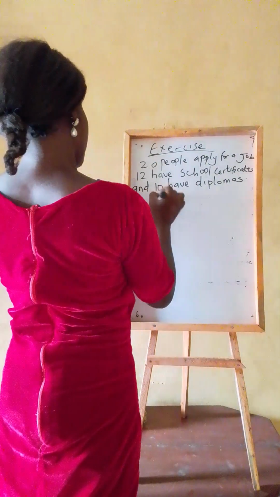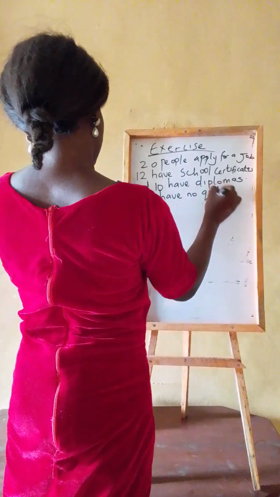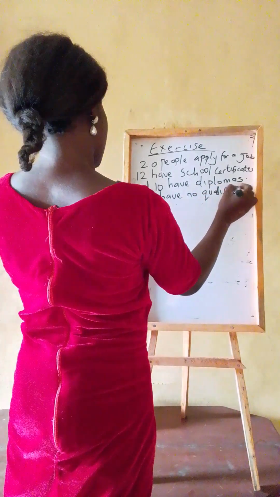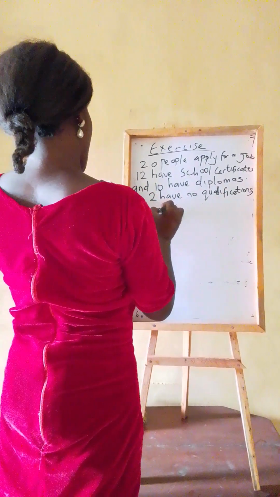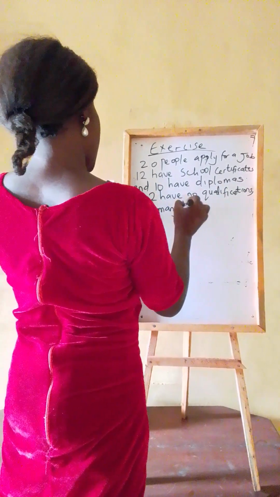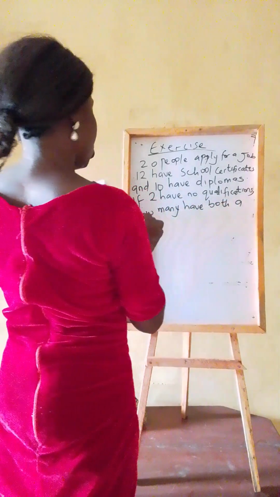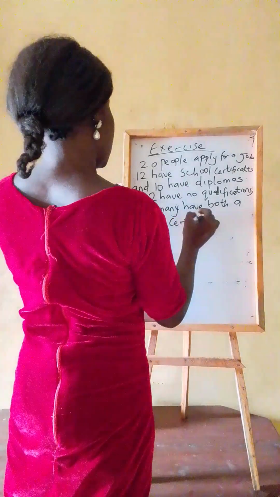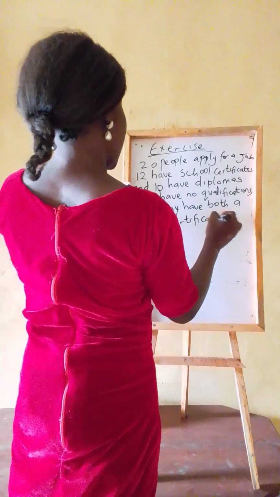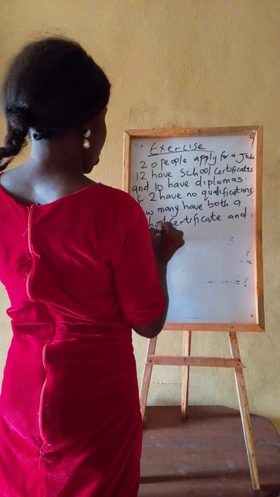If 2 have no qualifications, how many have both a school certificate and a diploma?